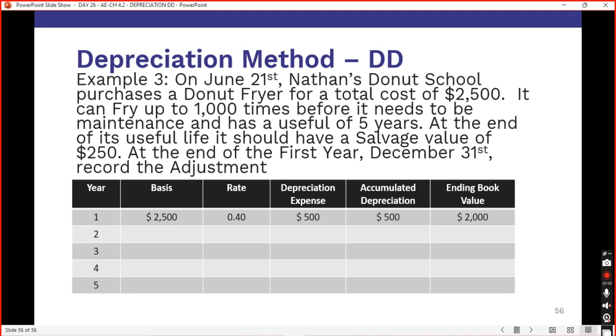But just because you're on the 5th year of the accounting period, it may not last you that 5th year. So again, the depreciation table works slightly different: you're looking at your accounting year, not the actual asset's life. So that is that. Any questions here?